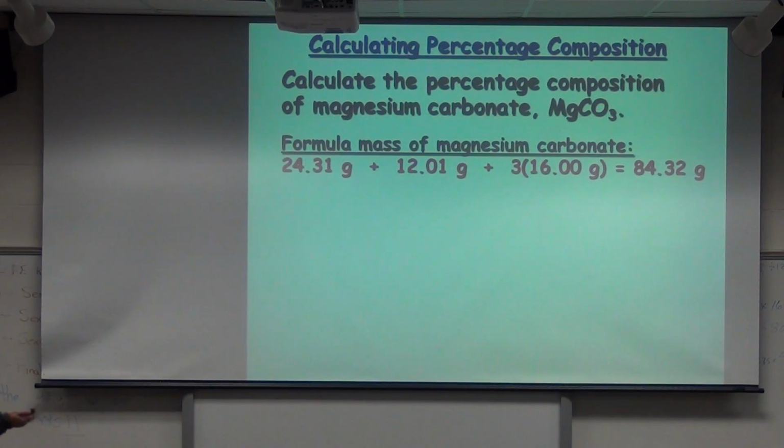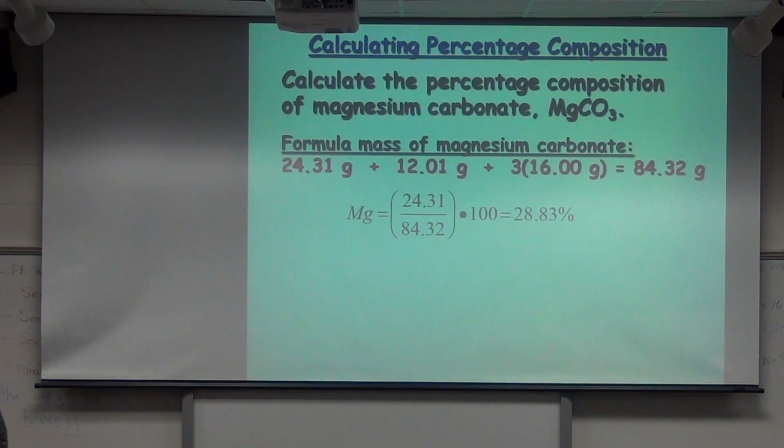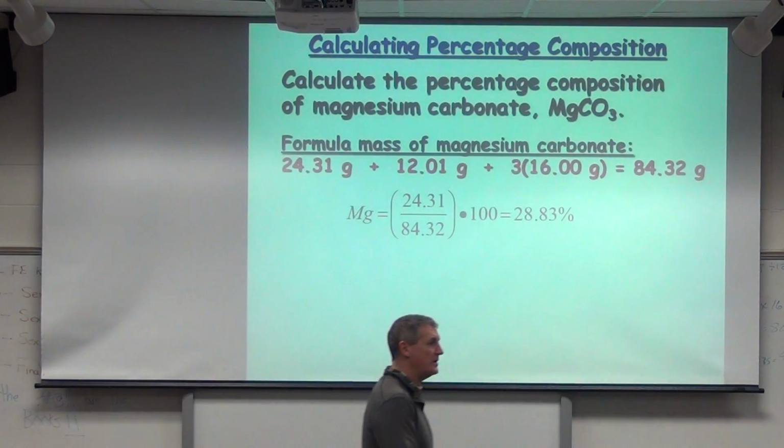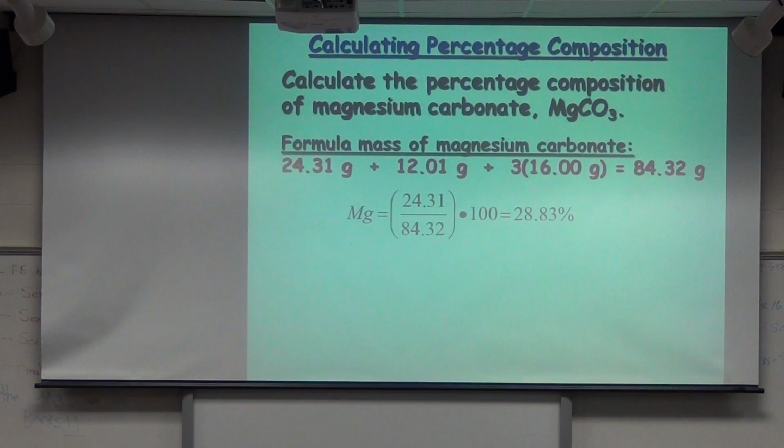By no means do you have to wait for me if you know what you're doing here, but when we find the percent magnesium, we're going to take that value that contributed to the total mass of magnesium carbonate, 24.31, and divide it by the total mass, 84.32. And then we multiply that by 100 to get it into percent form rather than decimal form. And we've got 28.83%.